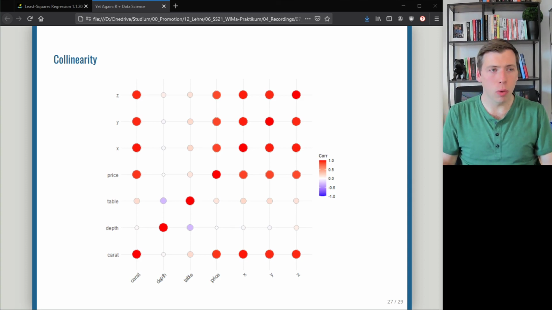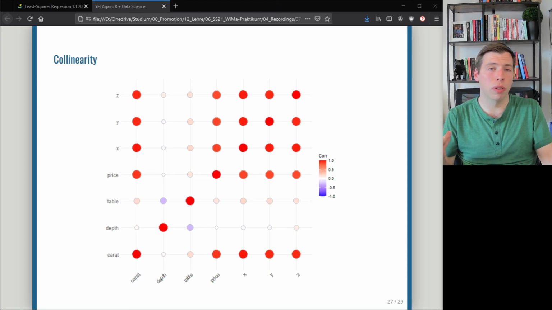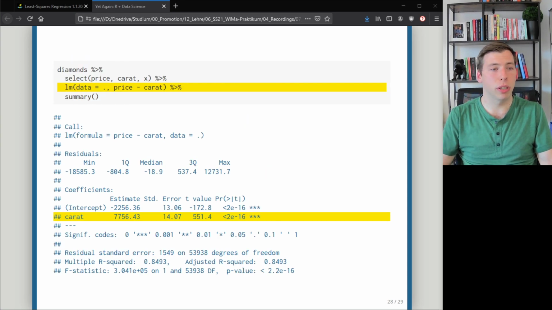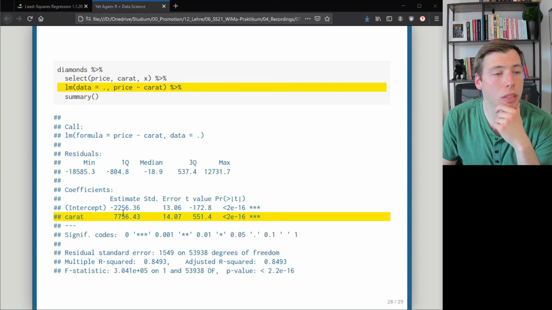And what collinearity describes is the problems you run into if you try to use two or more highly correlated predictors. So say that you want to use the weight predictor and the X predictor, both to determine the price. Then you can fit two linear models. So the first one, just price and the weight, will give you this model here.